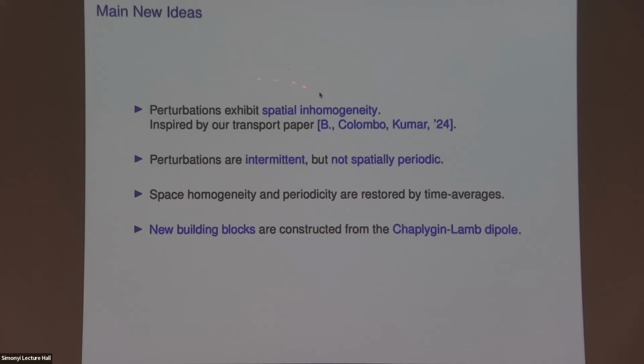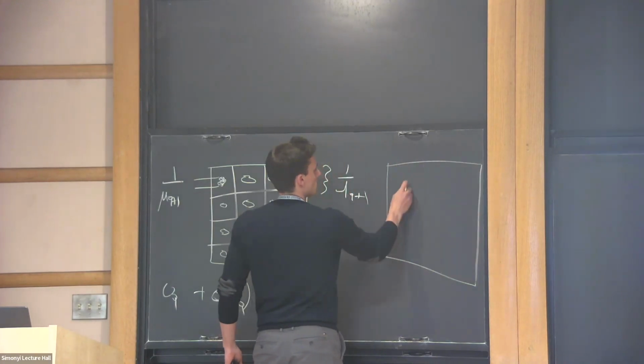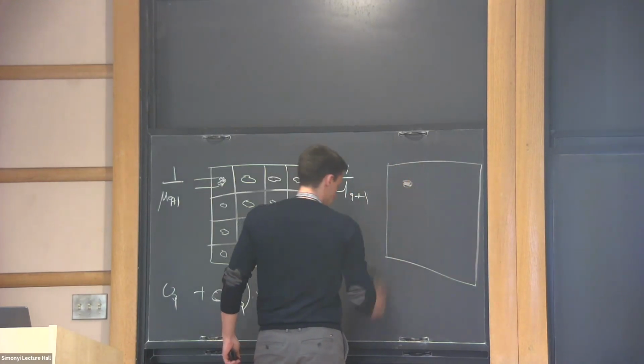And in order to apply this principle in the convex integration framework, what we did concretely is to eliminate spatial periodicity from the perturbation in the convex integration scheme. So in other words, this is no longer the picture of the perturbation. The new picture is simply not periodic. It looks like this.